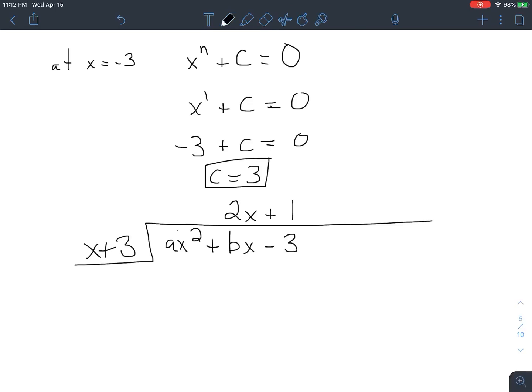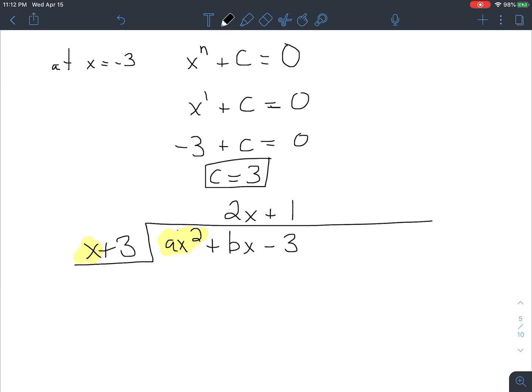Keep in mind there will certainly be a remainder here. So ax squared divided by x gives us 2x.